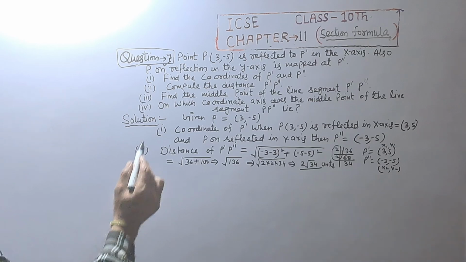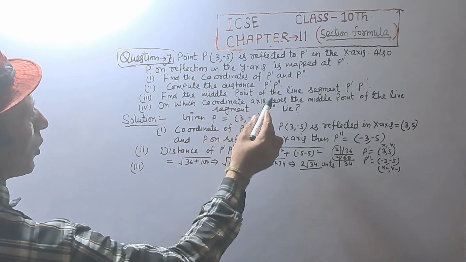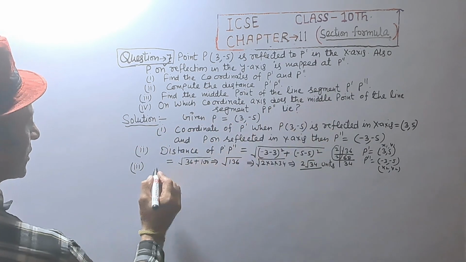Third part. Find the middle point of the line P dash, P double dash.